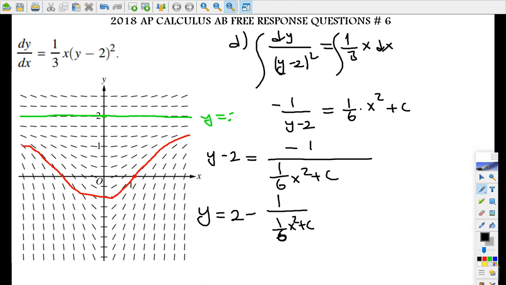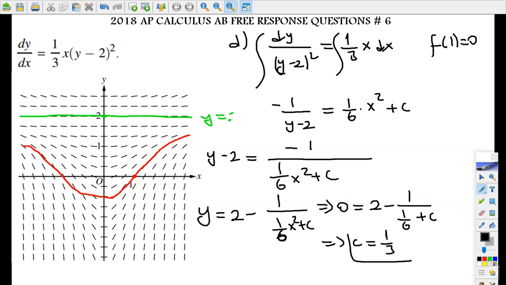If I want to find my particular solution, I need to use this fact, f of 1 equals 0, which means I plug in 1 for x and 0 for y, and solve the equation for c. So 0 equals 2 minus 1 over (1/6 plus c). If I solve this equation for c, c is going to be equal to 1/3.